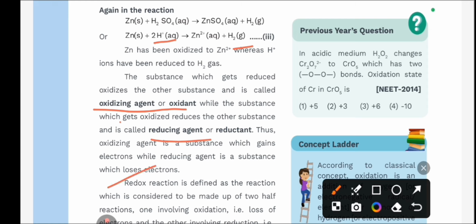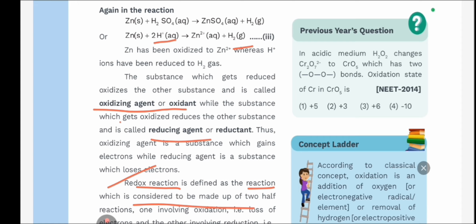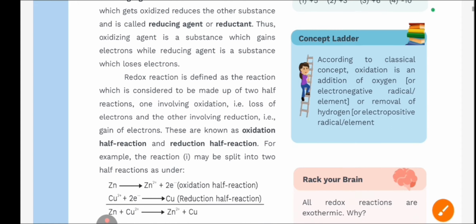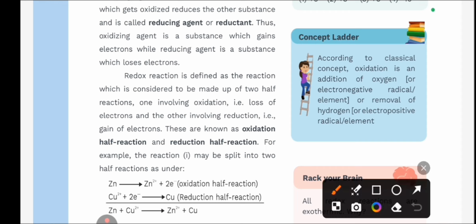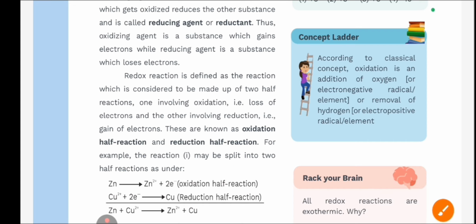So you can define redox reaction as a reaction considered to be made up of two half reactions, in which one reaction carries out oxidation and the other carries out reduction. So you can split the redox reaction into two parts: in the first half oxidation takes place, in the other half reduction takes place.